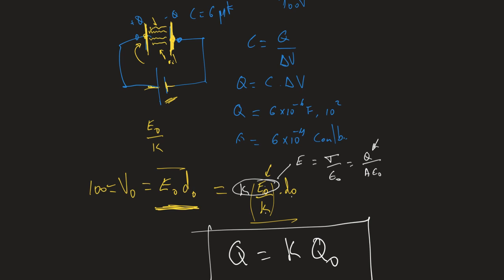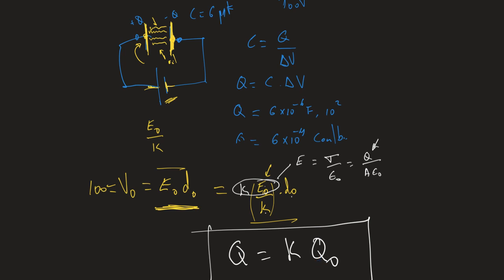The electrical field is being reduced inside the volume of the capacitor by the dielectric, so the battery needs to put more charge into the plates, and the amount of charge it needs is K times Q0.